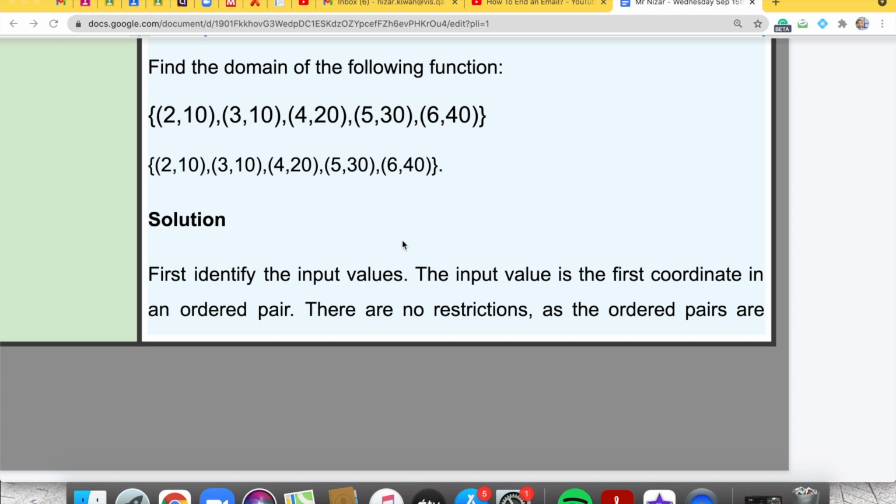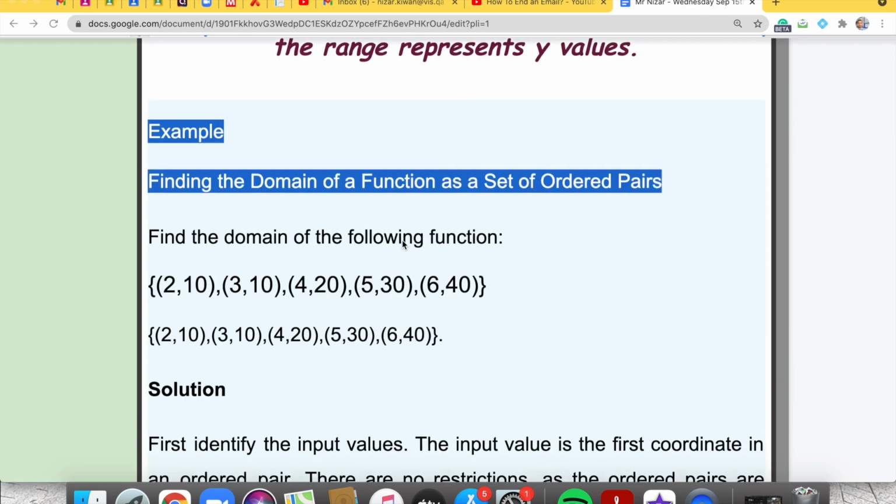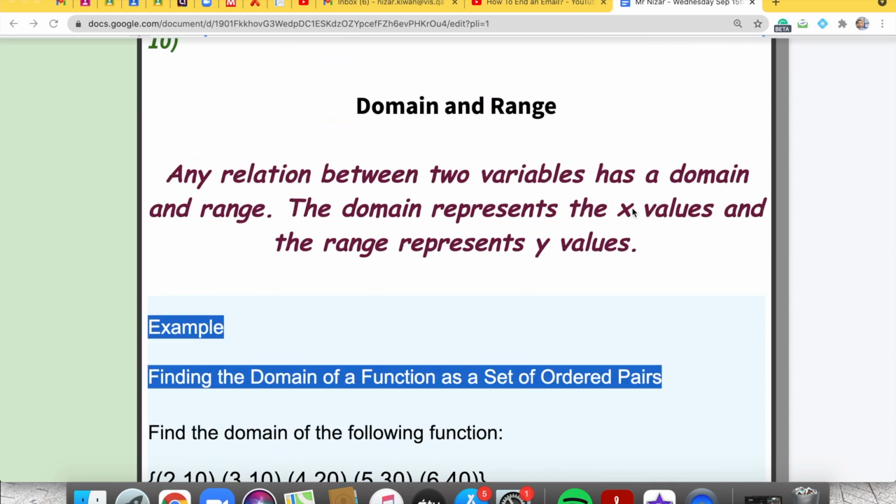So here I gave you like 2, 10, this is a pair. So x is 2, y is 10. Always x is written first, then y. 3, 10, x is 3, y is 10. 4, 20, 4 is x, 20 is y. 5, 30, 6, 40. So here I will ask you, what do you think the domain is? Again, the domain represents the values of x, whereas the range represents the value of y.